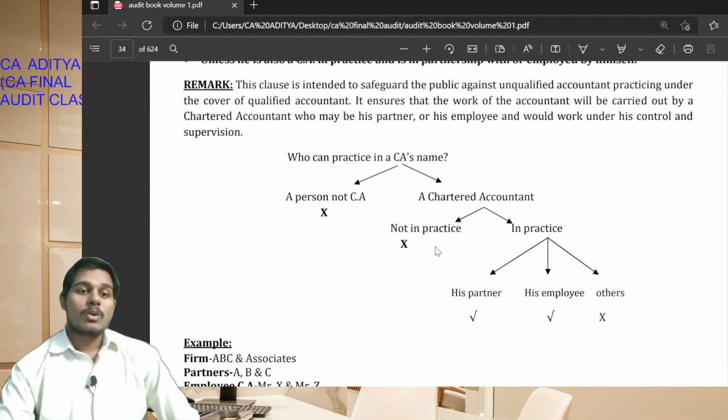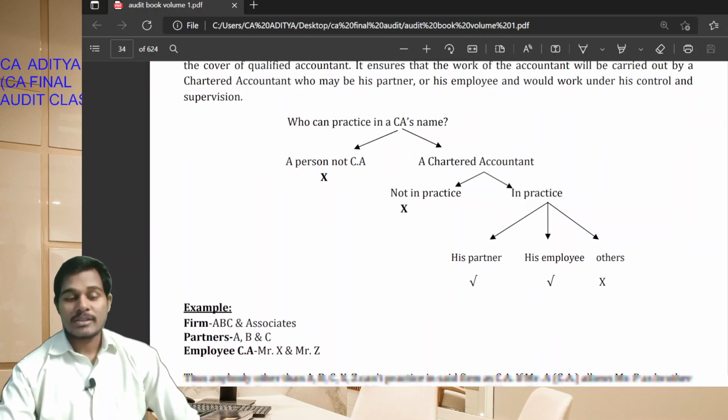Okay, students, let's see who can practice in a CA's name. A person who is not a CA cannot practice in his name, and he cannot allow him to practice. A chartered accountant not in practice shall not be allowed. A practicing chartered accountant who is his partner or his employee shall be allowed to practice in the name of the chartered accountant.